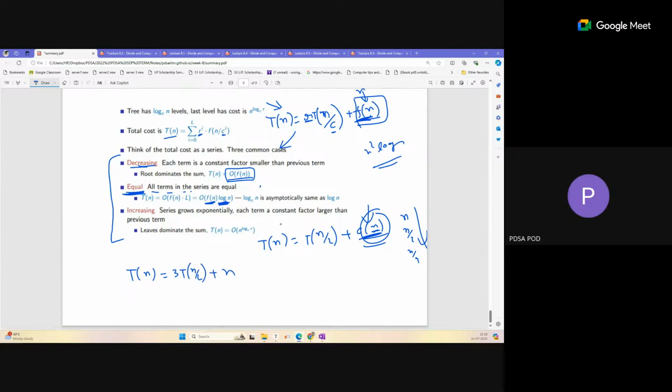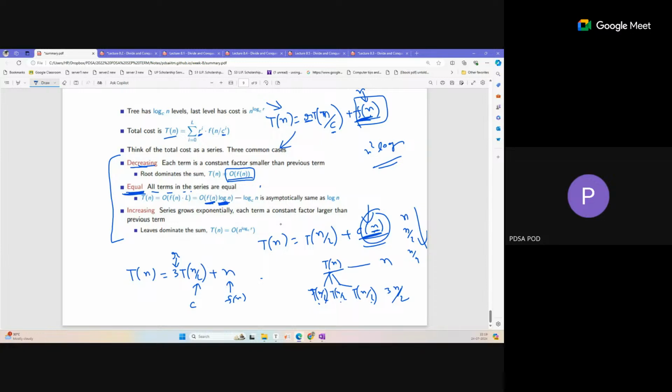So this 3 will work as R, and this 2 will work as C, and this is f(n). If you draw the tree for this, you will get T(n), and this will expand 3 times: T(n by 2), T(n by 2), T(n by 2). That means here the number of operations is n, but here n by 2, n by 2, n by 2, total 3n by 2.